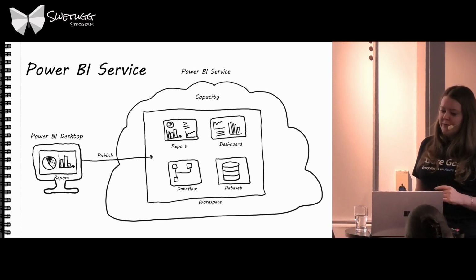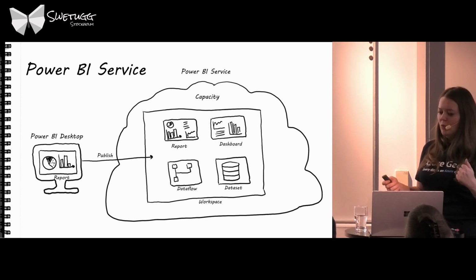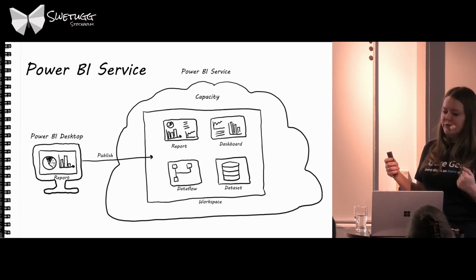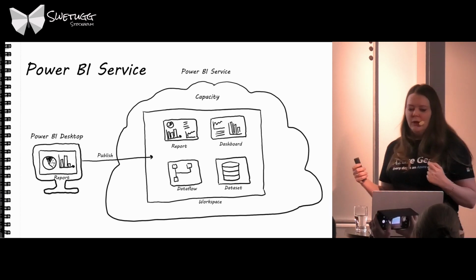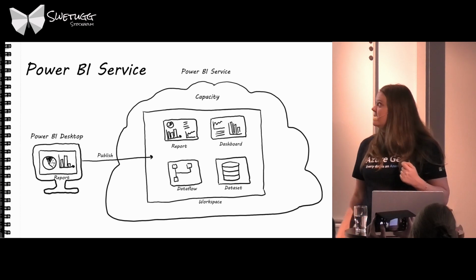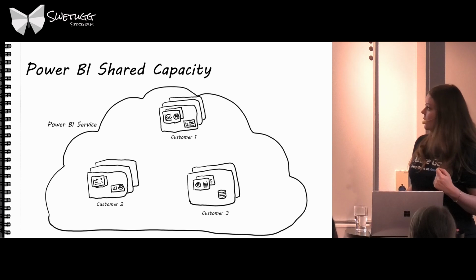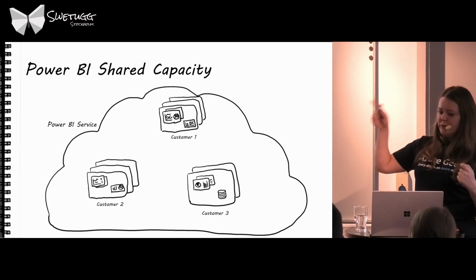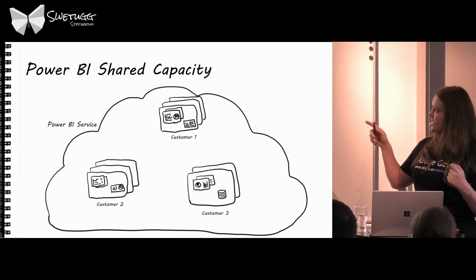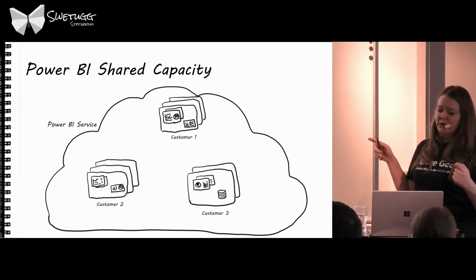And all these workspaces are created on capacities. Capacity is a core Power BI concept. It's a set of resources, storage, processor, and memory, to host and deliver your content. By default, when you deploy your report to a workspace, all workspaces are created in shared capacity.